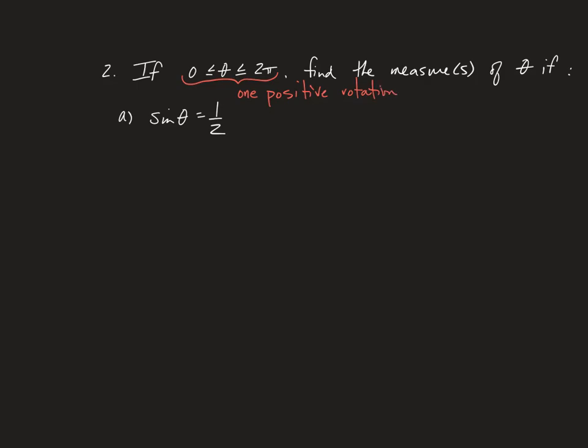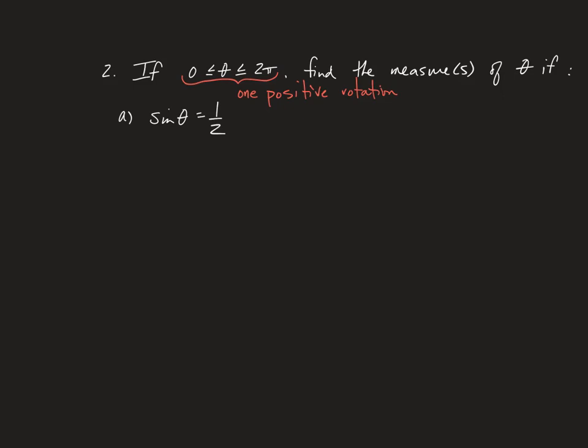And so if I was to reread that problem, what it says is, if I have one positive rotation, find the measure or measures of theta if. The more we can start looking at that restriction in terms of rotations, the better off we'll be when we problem solve. So let's take a look at A.